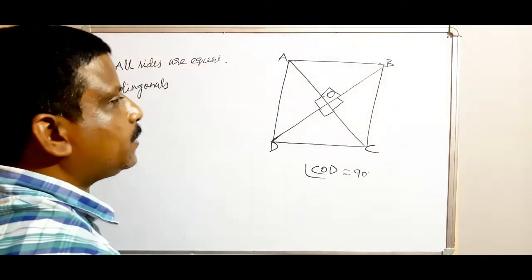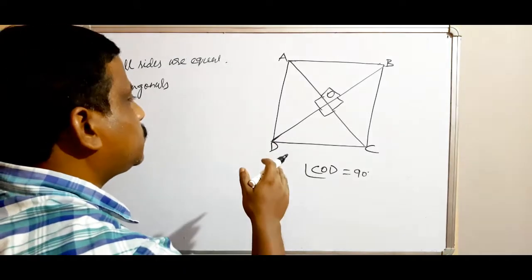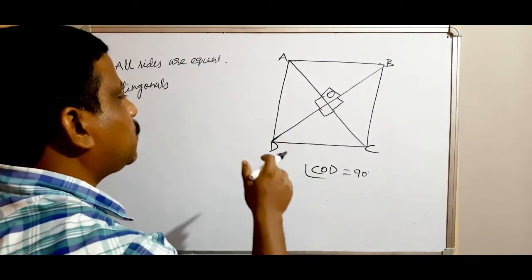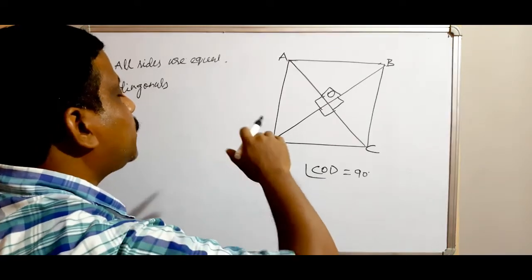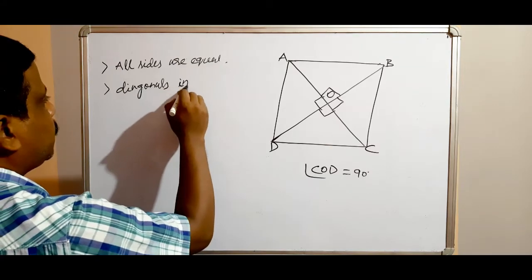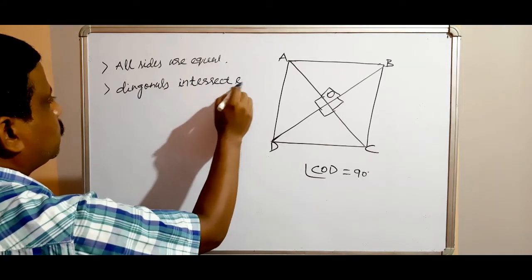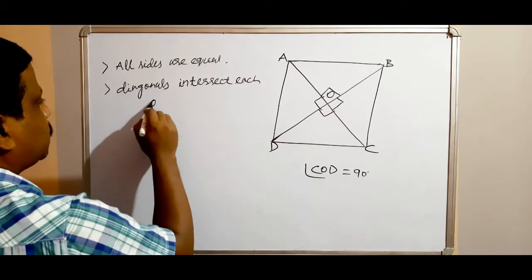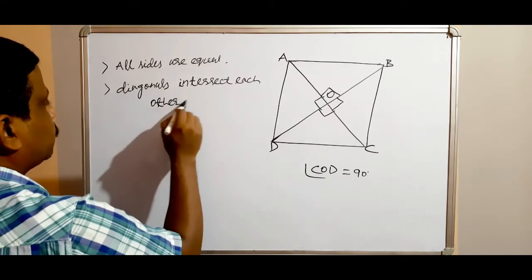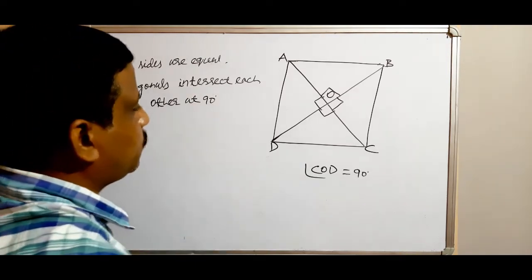Bisecting I am not writing, because I am writing only the unique properties of the rhombus. It also satisfies the properties of a parallelogram, so you have to remember that it bisects at 90 degrees. This property is very important.